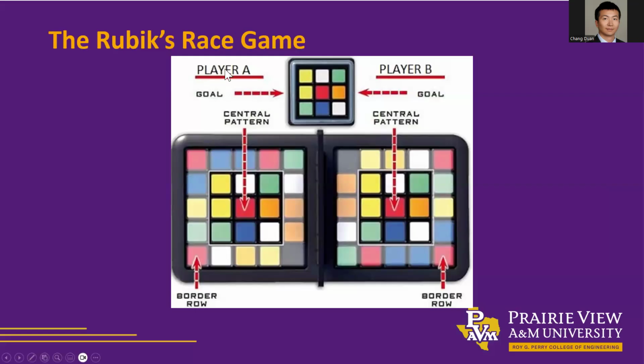Then player A and player B slide the color tiles in their own tray, and compete until the nine tiles in the center match those in the scrambler.